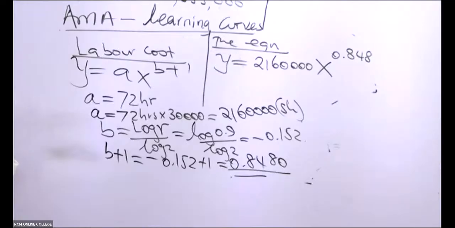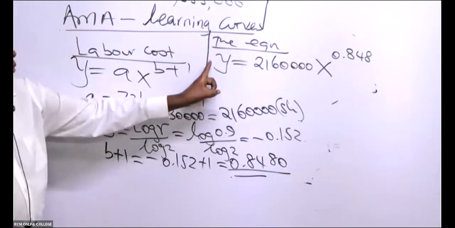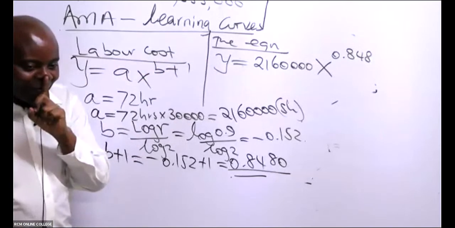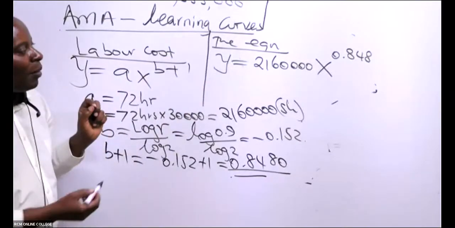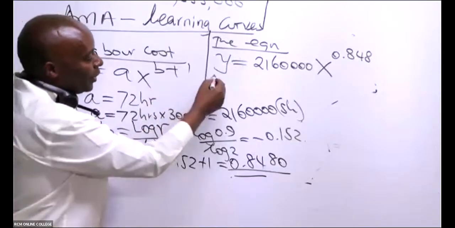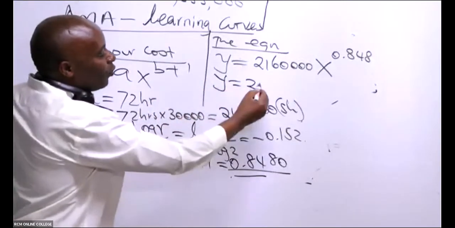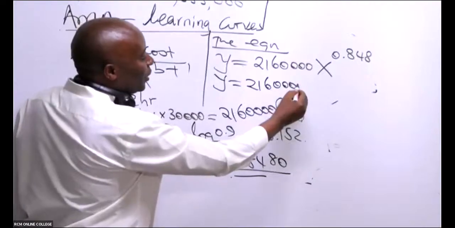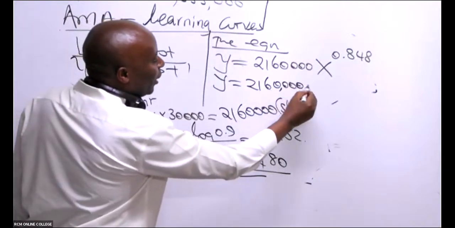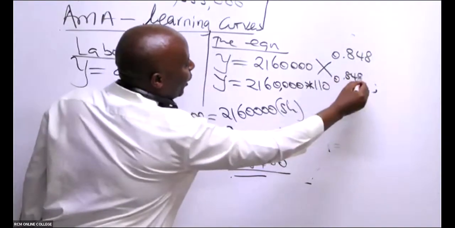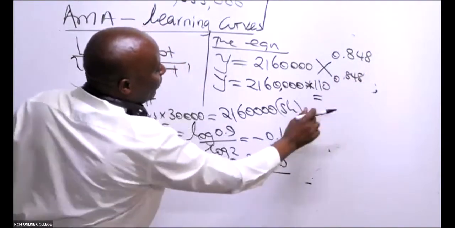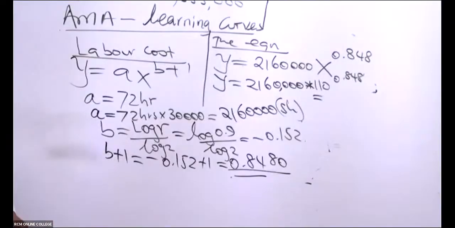That's my y equation. So now this y will not be giving me labor hours. This y will be labor cost. So how about then the labor cost for 110? So the y here will be 2,160,000 times, remember there are 110 cars, raised to 0.848 like that, which then will end up giving us what figure?